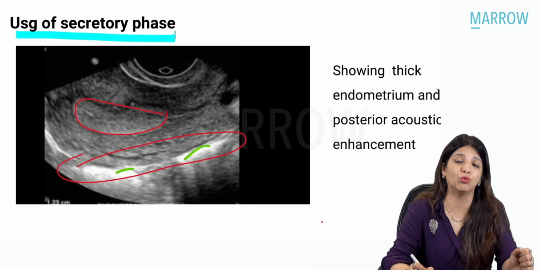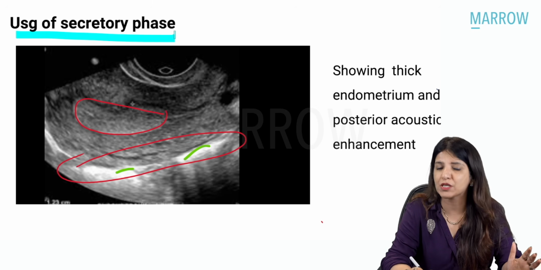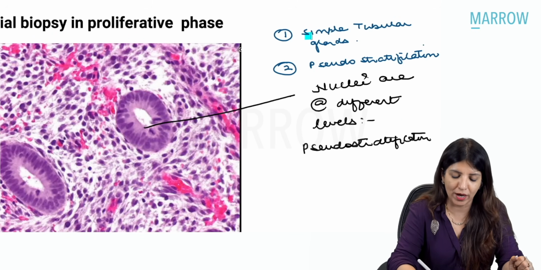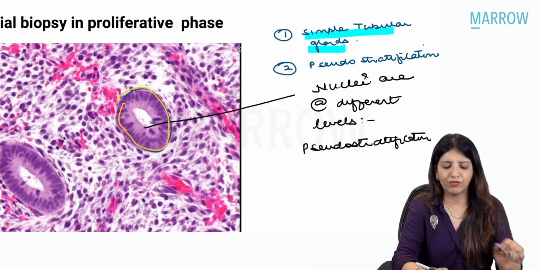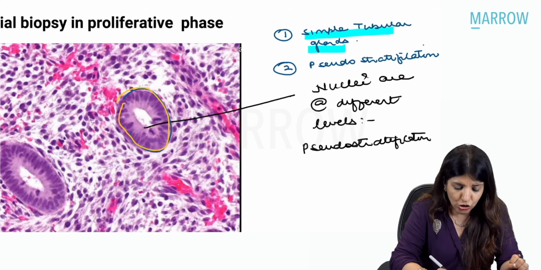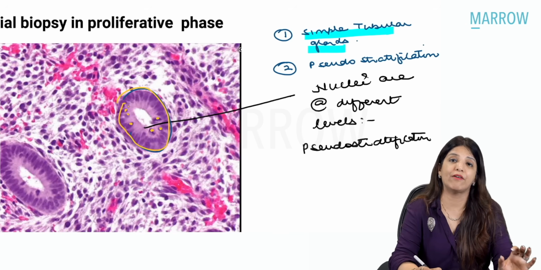Then you should also know, in different phases of the cycle, how does endometrial biopsy appearance change? So if on endometrial biopsy you are getting simple tubular glands, do you see that the glands are very simple over here? They are not coiled, very simple glands. And do you notice that over here the nuclei are at different levels?